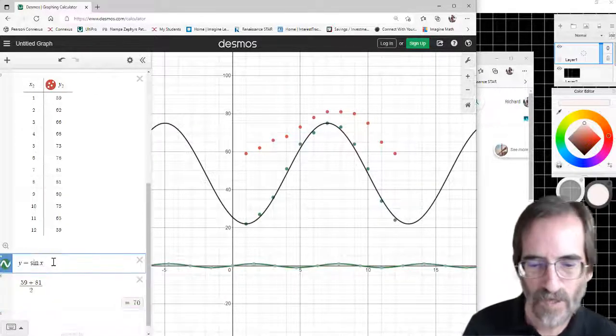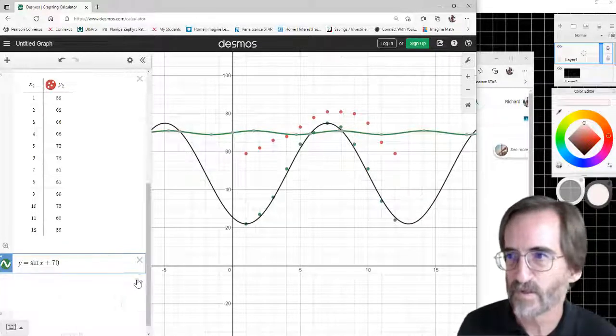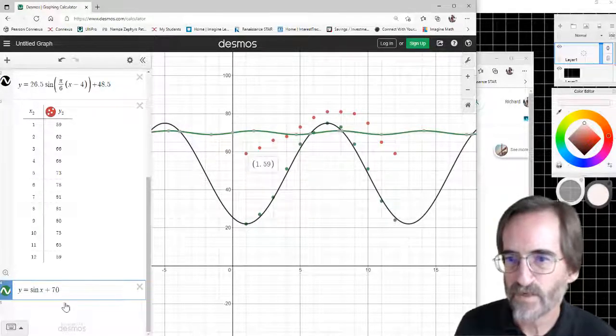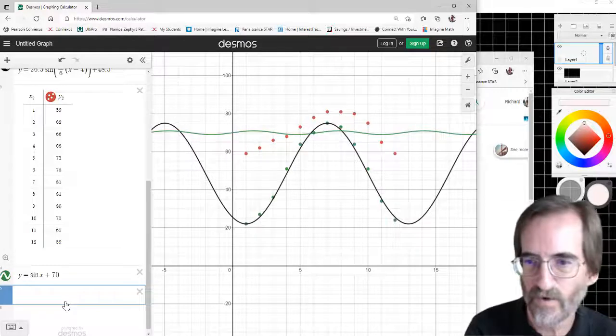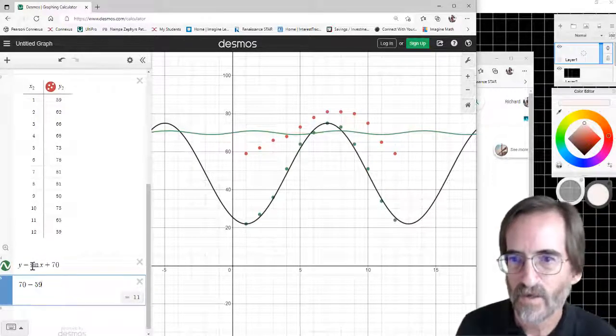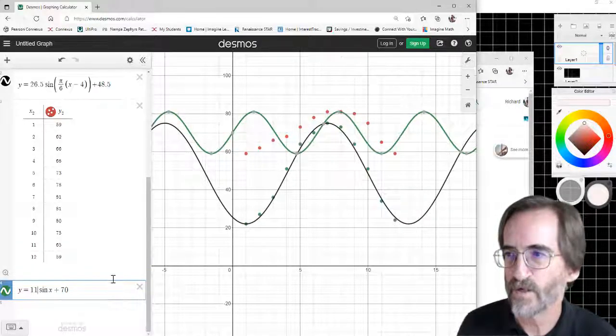So I'm going to add 70 to my sine function to get it up where it belongs. Amplitude, okay, we brought it up to 70, but the low is 59. So the amplitude modifier, 70 minus 59 is 11. So I'm going to put 11 in front of sine x to get the amplitude right.